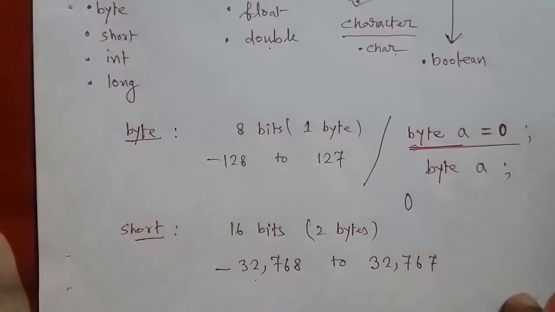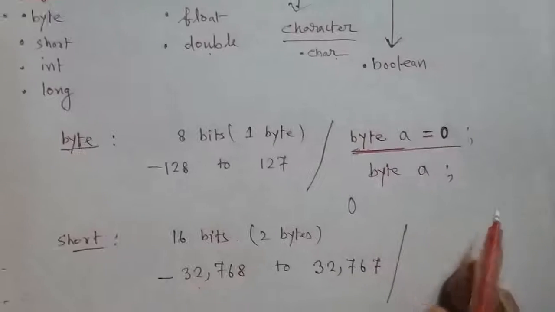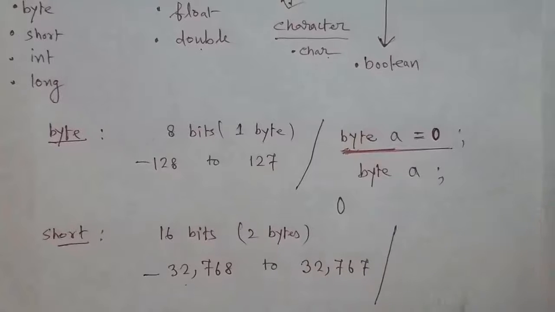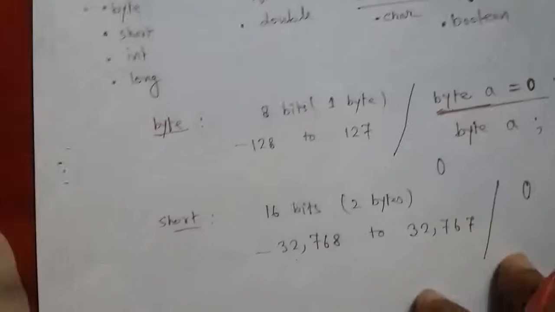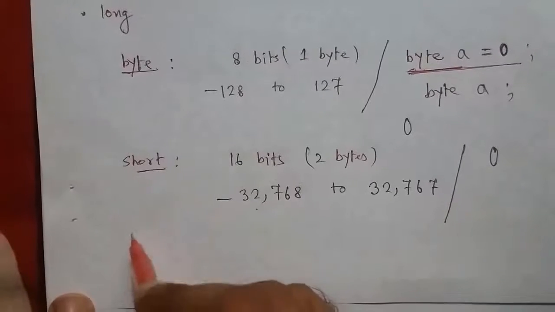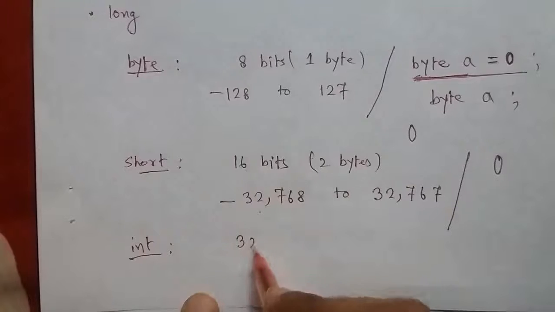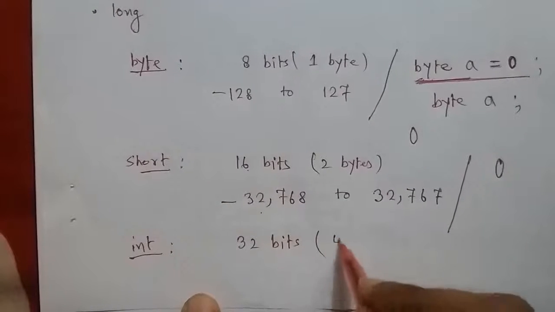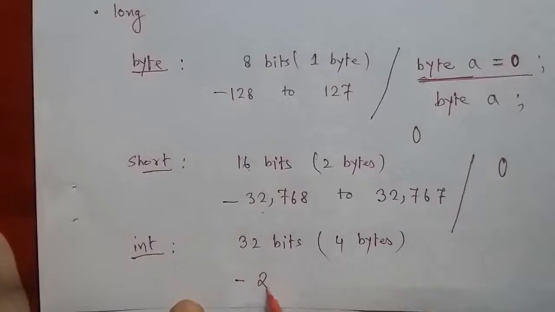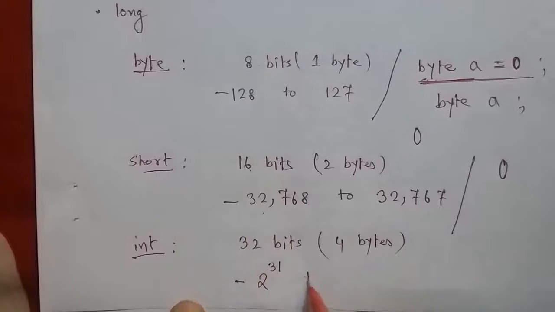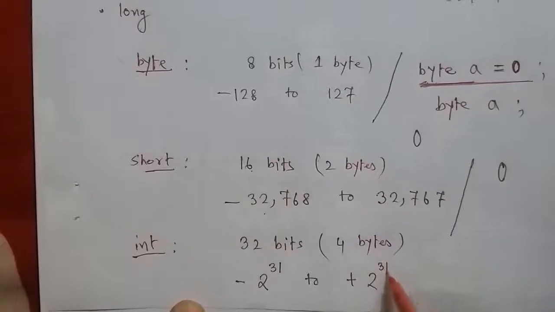The memory space I have told here, and the default initial value is 0. Next one is int. Integer: 16 into 2 means 32 bits of memory space. 32 bits means 4 bytes, and the range is minus 2 to the power 31 to plus 2 to the power 31 minus 1.